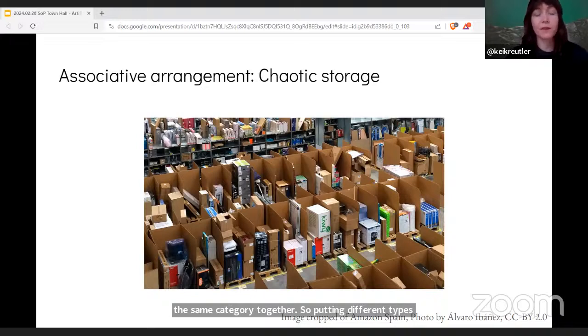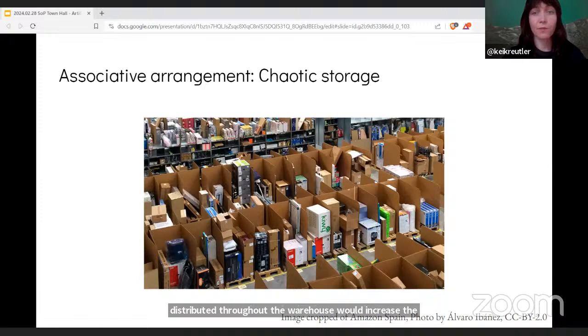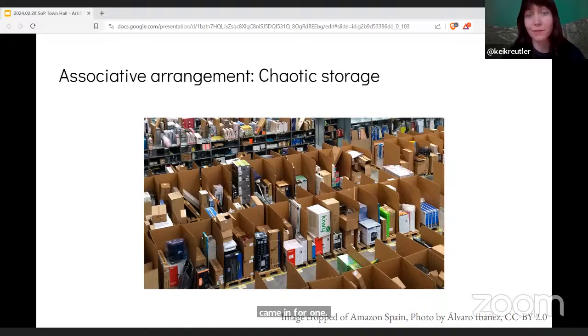But a new method called chaotic storage involves placing items wherever there's available space without adhering to a strict categorization. This method arose from the insight that having toothpaste distributed throughout the warehouse would increase the likelihood that a staff member might be near a toothbrush, or toothpaste, at the moment an order came in for one, and therefore would be able to initiate the process sooner.